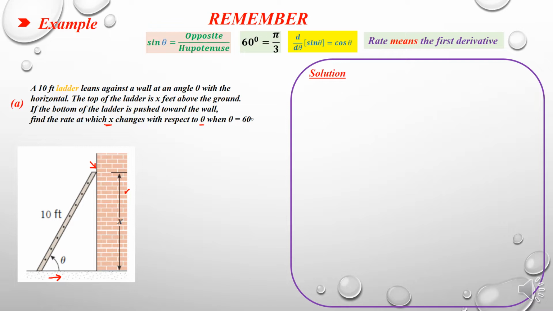So firstly, here the angle is in degrees, so you have to convert it to radians, and as you know, pi equals 180 degrees. So if you divide by 3, you will get 60 degrees equals pi over 3.